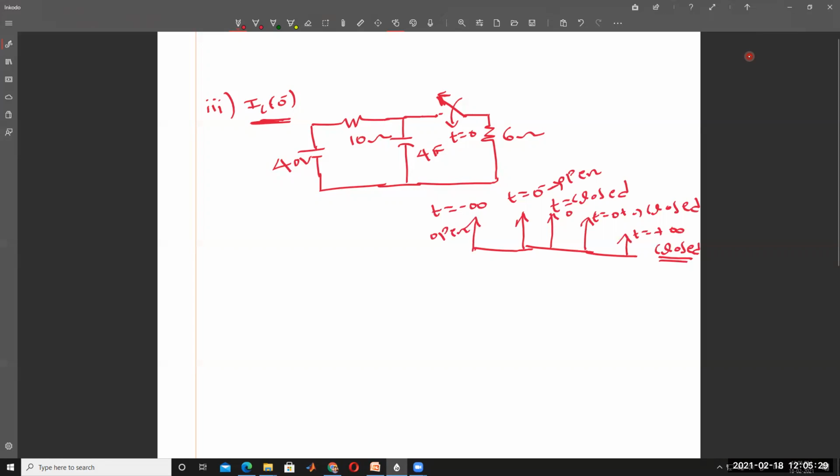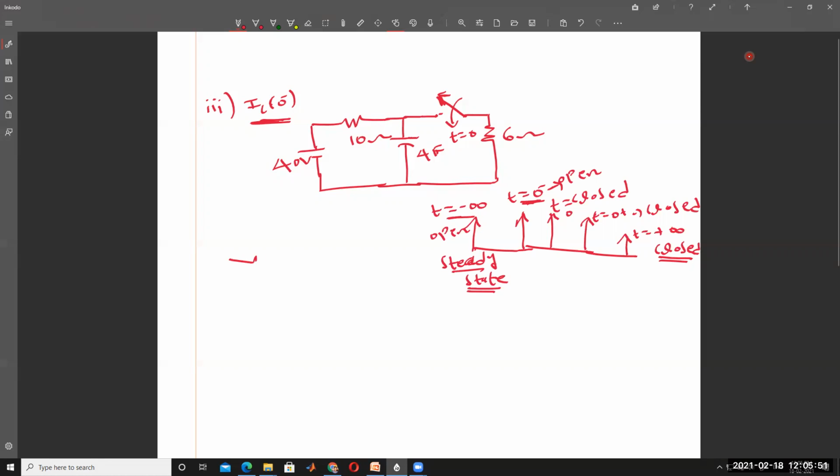At t equals 0 minus the switch is open, and at t equals minus infinity it is also open. This is called steady state. Under steady state condition, the switch acts as open, and the capacitor acts as an open circuit.